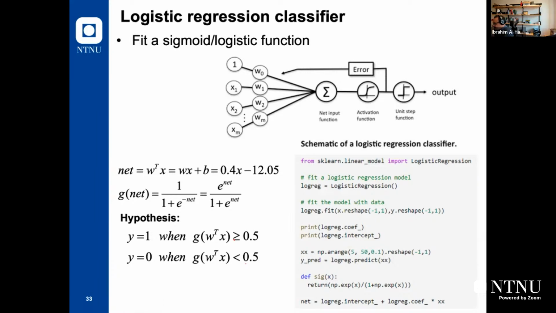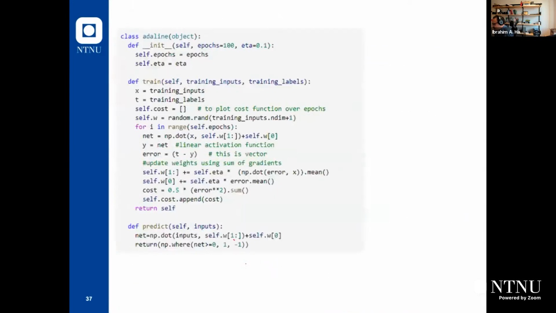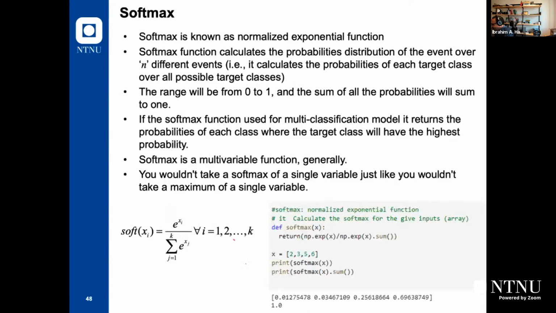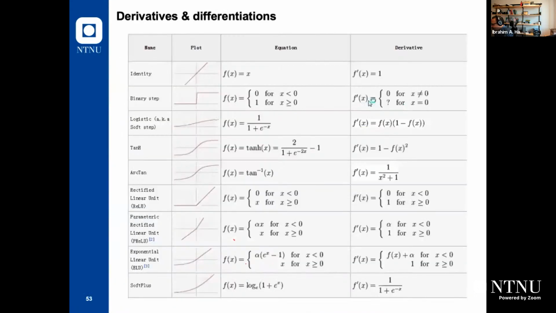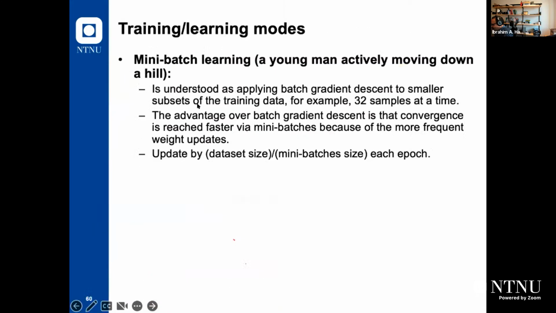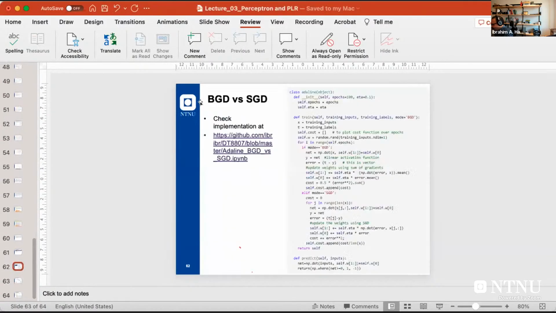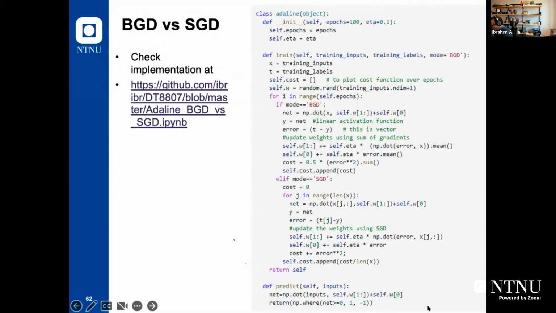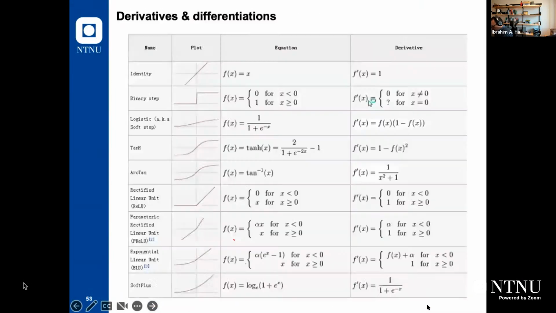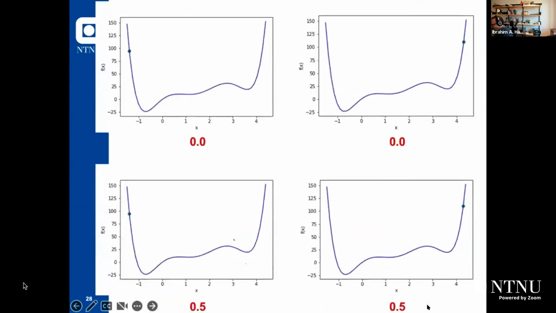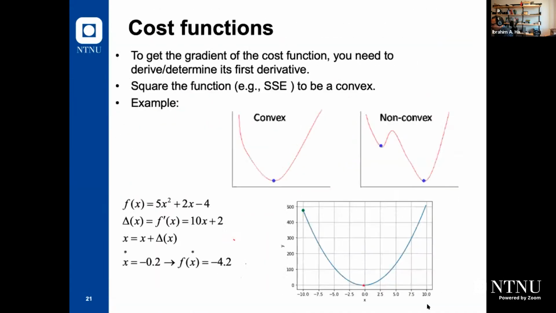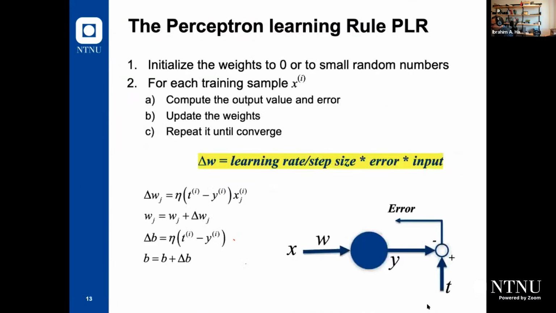Do you remember? This hard lim, it's a symmetric hard lim function, right? So it's a step function or symmetric step function, which we used last time. This function, do you see?